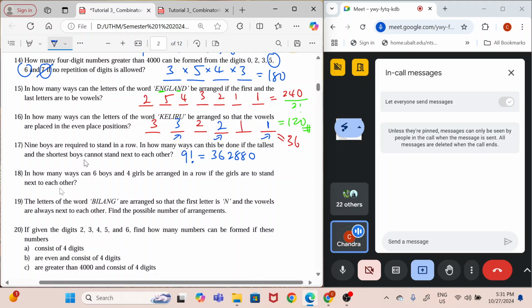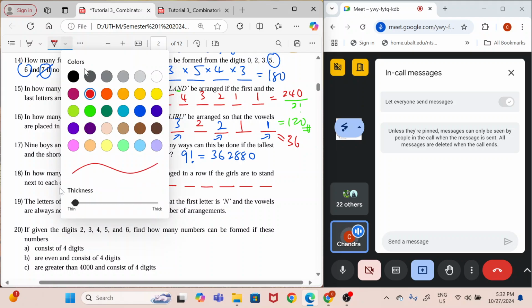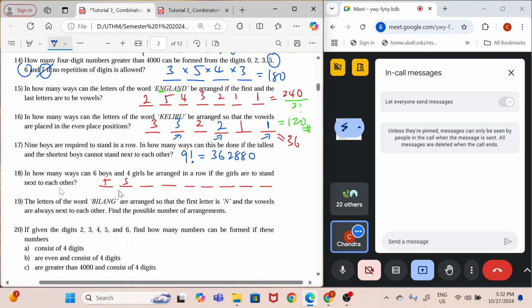Now, for us to find cannot stand next to each other, we have to find stand next to each other. So for tallest and shortest next to each other, tall here, short here. So the tallest and shortest are standing next to each other. Later we find this minus this one, then we'll get the answer.